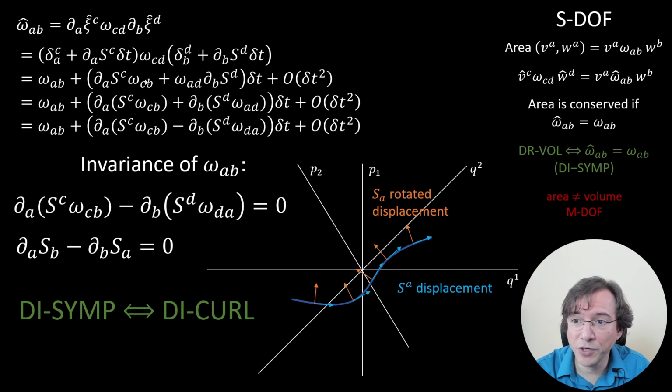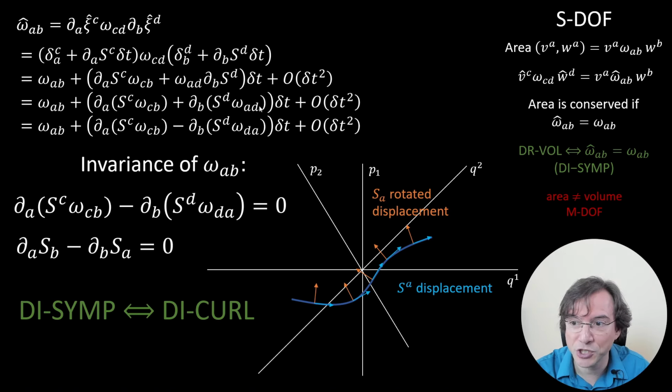Now what we're going to do here is that omega is just a matrix made of constants, so we can just take it and bring it inside the partial derivative, and we can do it on one side and on the other side as well. Now omega here, you can see that this is contracted with the first index, and this is contracted with the second index, and these are different terms because omega is antisymmetric.